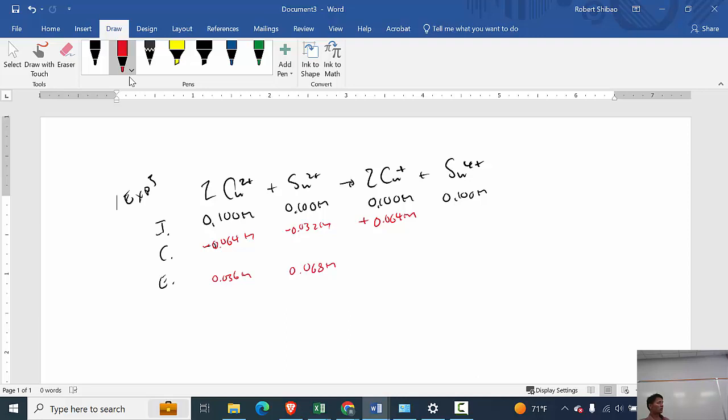This copper didn't disappear, really. It's changed. So this is going to be 0.164 molar. And then the tin, I'm going to gain how much? Plus 0.032. And so my prediction is I'm going to get 0.132 molar. Okay.